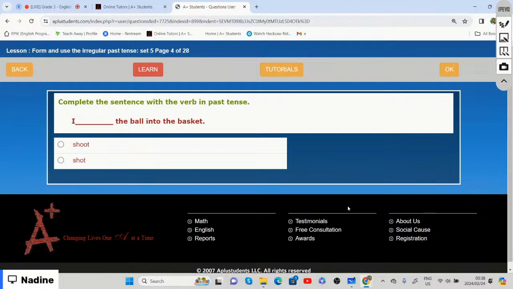And then we say, do we say I shoot the ball into the basket or I shot the ball into the basket? Past tense.